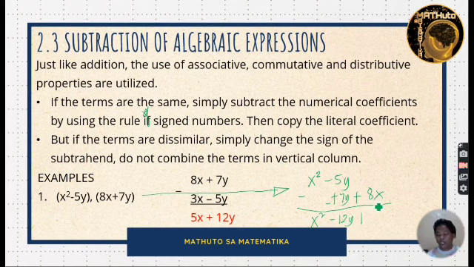Bring down the 8x and change the sign. Since this is subtraction, it becomes negative 8x, and we proceed to addition. Since it has no minuend, we're just going to bring it down. So, negative 8x.